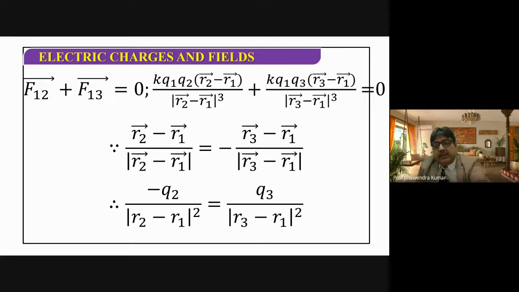Yes, tell the value. Yes, tell me, children. Minus Q2 R3 vector plus Q2 R1, and R2 is still there in the final result. Yes, tell the answer.